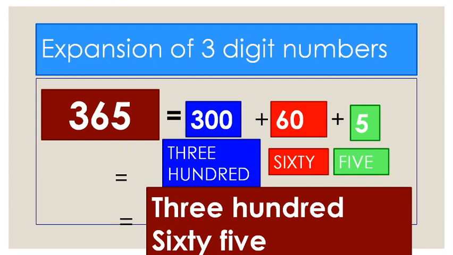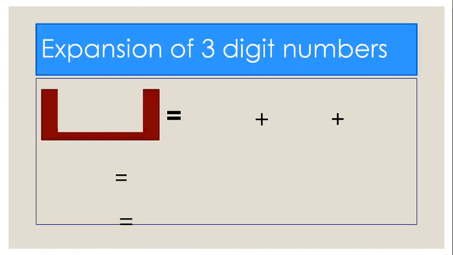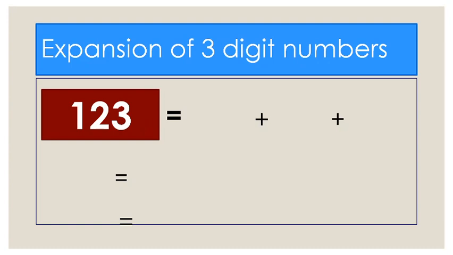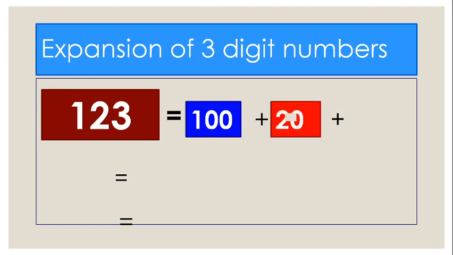365. Now let's do another. Here let's take another number. What is the place value of 1 here? 1 is placed in the position of hundreds, so the place value of 1 is 100. 2 is placed in the position of tens, so the place value of 2 is 20.